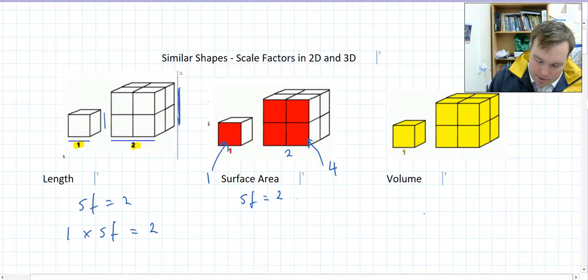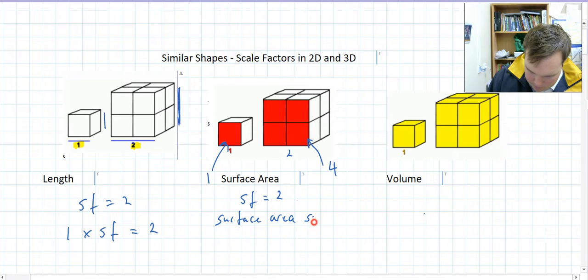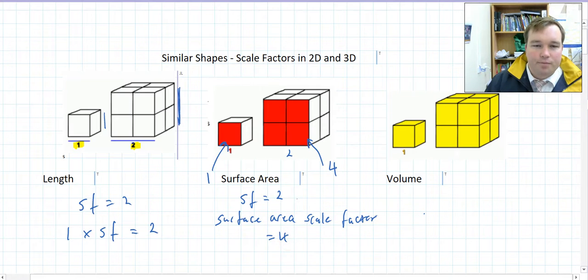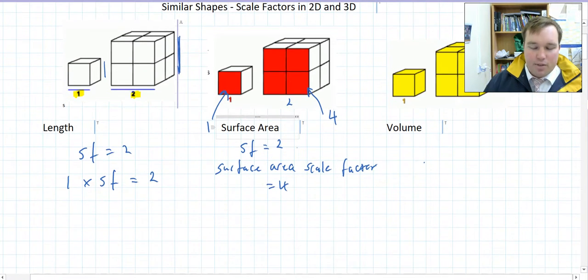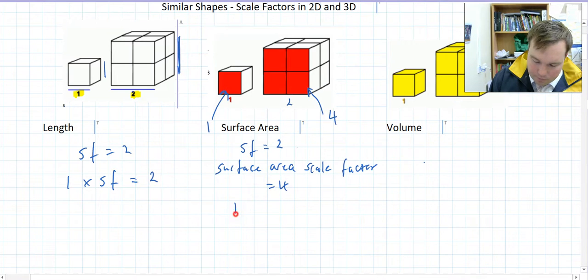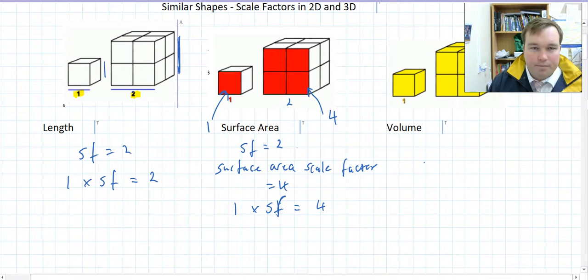So we can say that the surface area scale factor here is equal to 4. Because if we take the smaller one, which is 1, multiply it by the scale factor, we get the larger one, 4. The scale factor is 4.